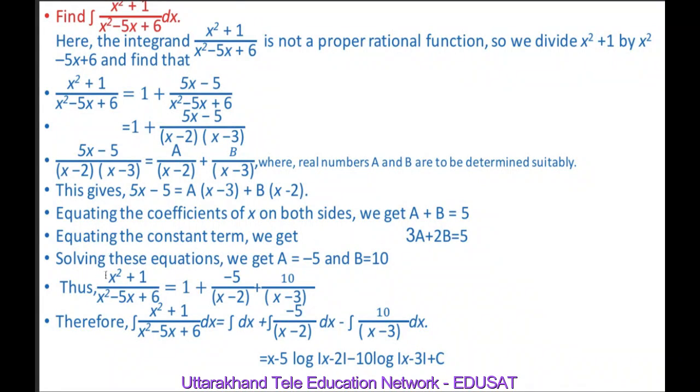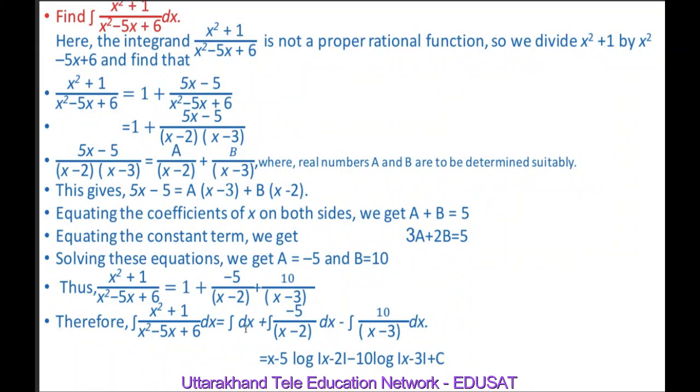So to find the integration of this function, it is easy to calculate because these are simple proper rational functions. So we already know the integration of this function. So the integration is nothing but integration of 1 plus integration of -5 upon x minus 2 plus integration of 10 upon x minus 3 dx.